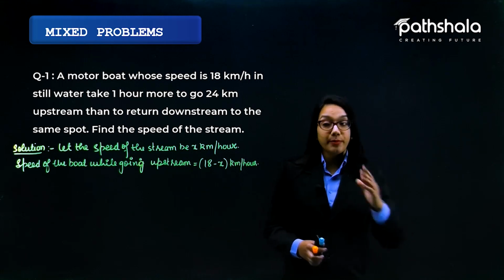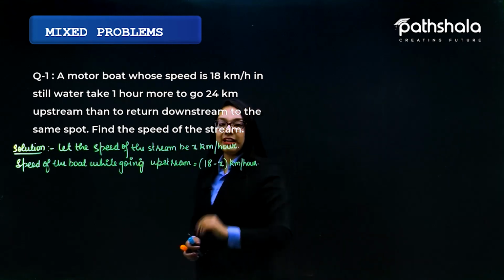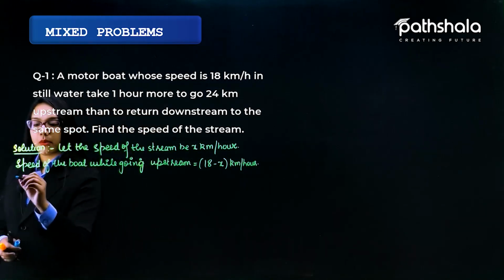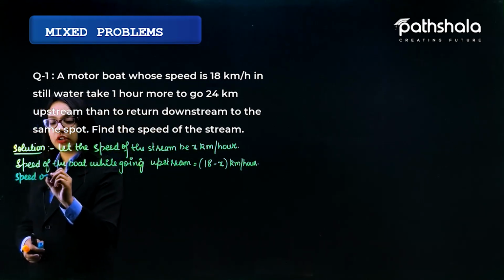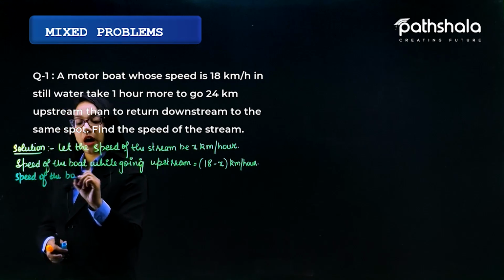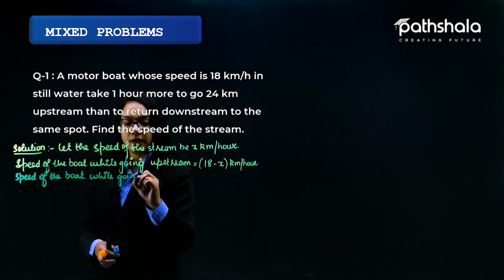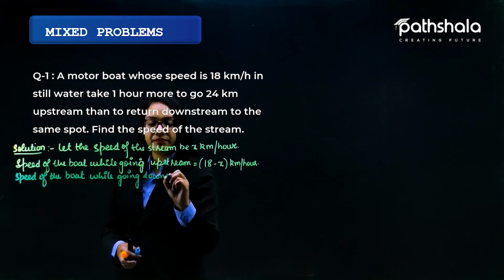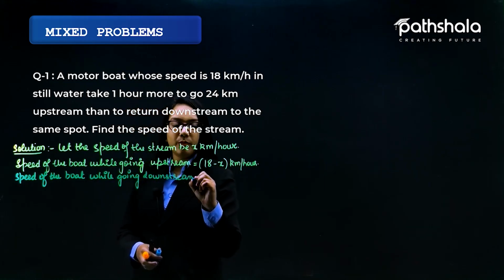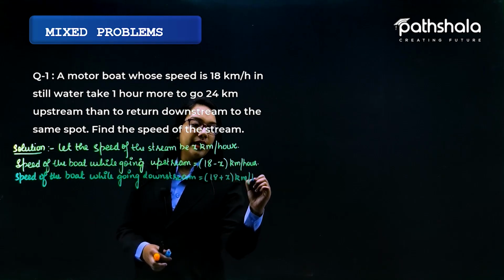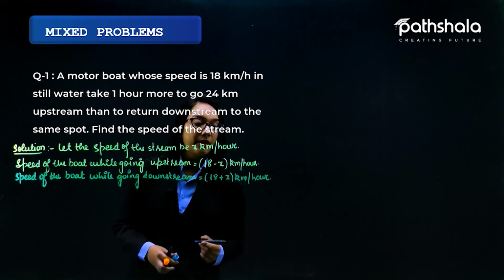So if we are going upstream, then it would be 18 minus x km per hour. And if we are talking about the speed of the boat while going downstream, then it would be 18 plus x kilometer per hour.